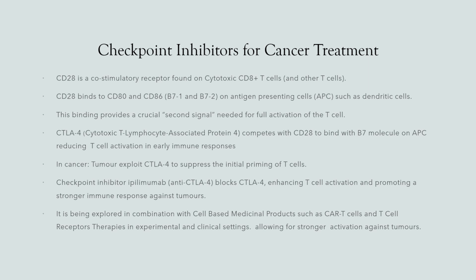And in cancer, tumors exploit this suppression, and exploit the fact that it's a natural thing that occurs, but it exploits this initial priming of the T cells. So by utilizing these checkpoint inhibitors, these anti-CTLA4, it blocks this CTLA4, and therefore allows full T cell activation and promotes a stronger immune response against the tumors.